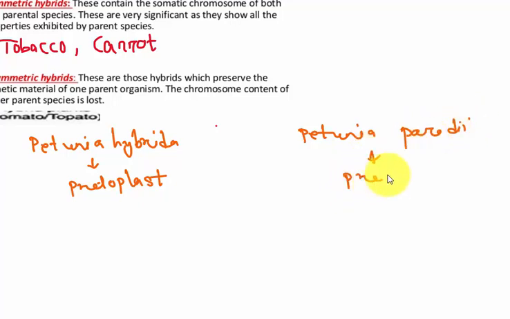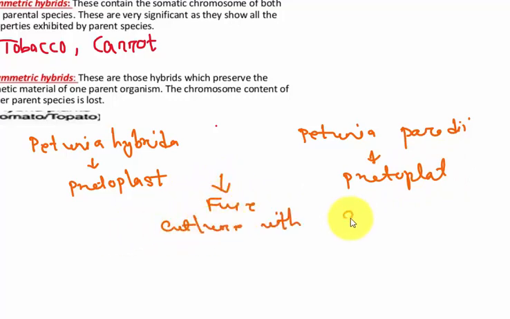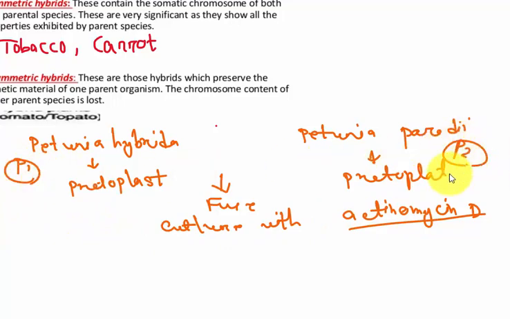Same, the protoplast isolation. Then you need to fuse it. Then you need to culture with actinomycin D, that is the antibiotic. So this is parent 1 and this is parent 2.